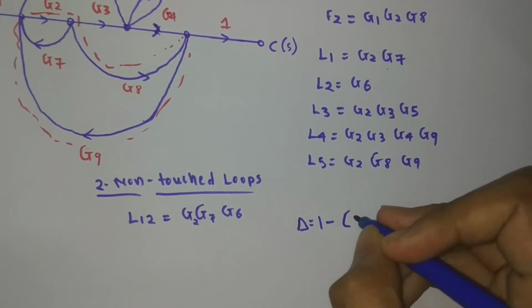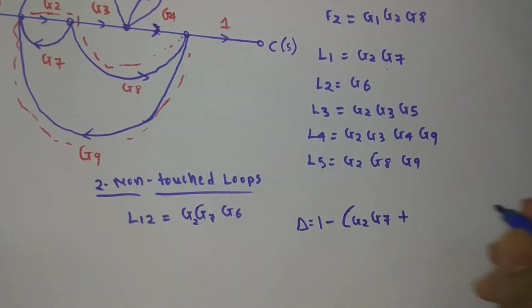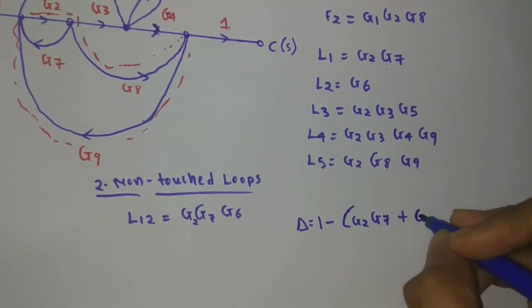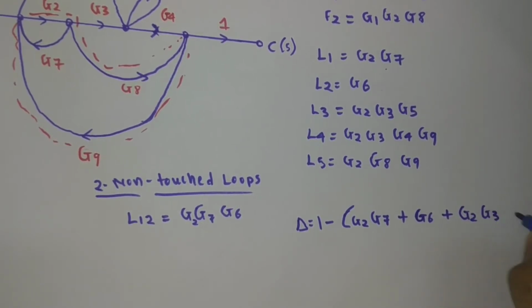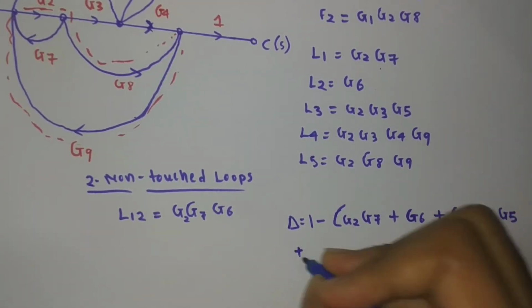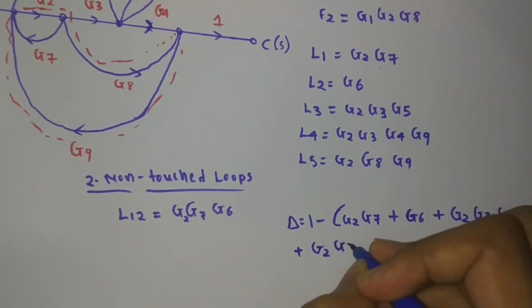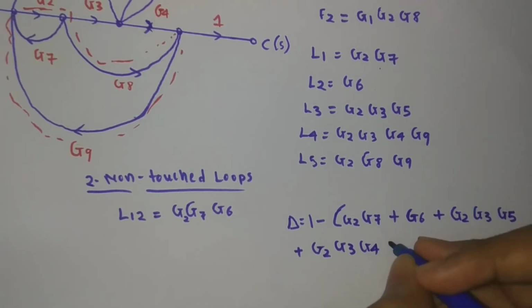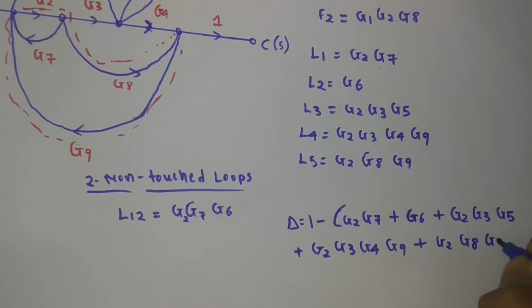So the sum of all the loops will be G2, G7, plus G6, plus G2, G3, G5, then G2, G3, G4, G9, plus the last one, that is the fifth one, G2, G8, G9.